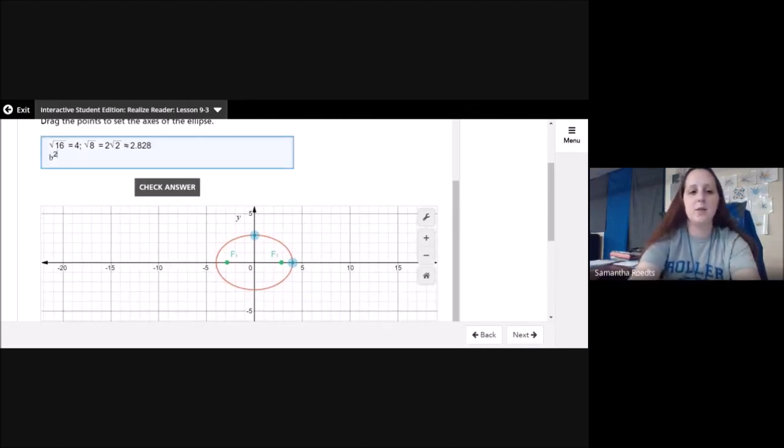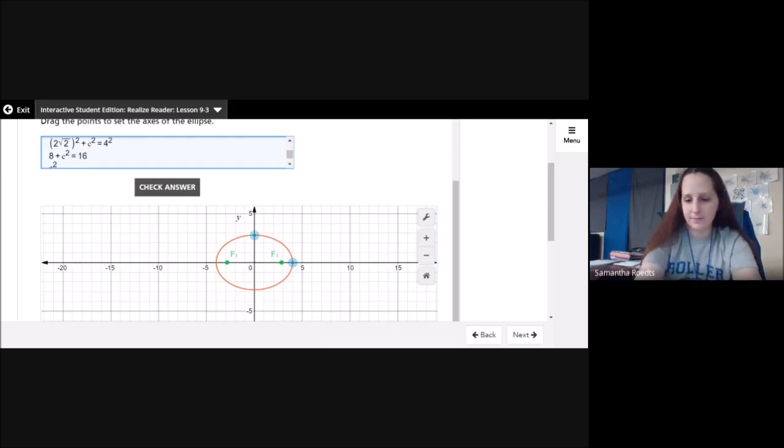So that's b squared plus c squared equals a squared. So b squared we know is the square root of 2 squared, so 8, plus c squared equals 4 squared. So that gives me 8 plus c squared equals 16.